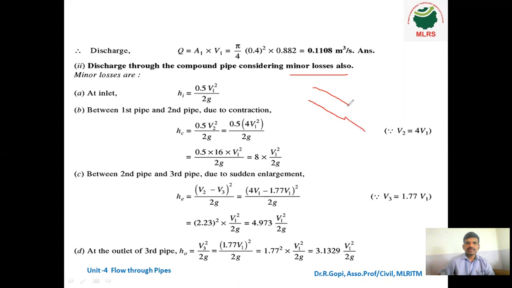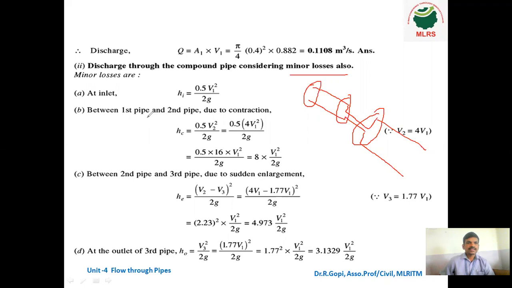As per the previous problem, there are 3 pipes. This is the inlet, this is the sudden contraction and here the sudden expansion. These 3 minor losses we must include. First, at the inlet of the pipe, hi is equal to 0.5 V1 square divided by 2g. See, the formula is important.